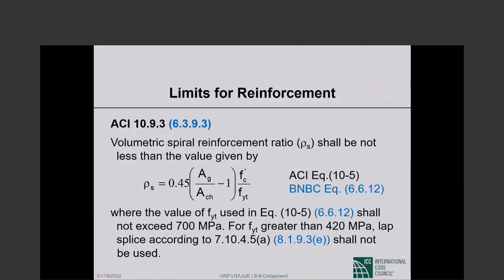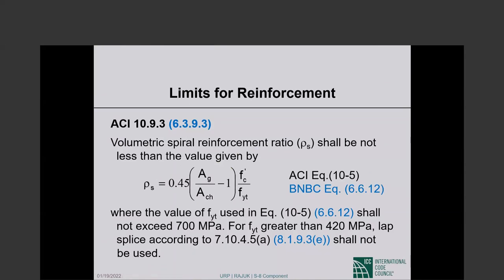Okay, the spirals and the ties. Volumetric spiral reinforcement ratio, rho sub S. And I probably shouldn't try to explain that, you should be aware of by now, shall be not less than the value given by the right-hand side. Okay? A sub G is the gross cross-sectional area.